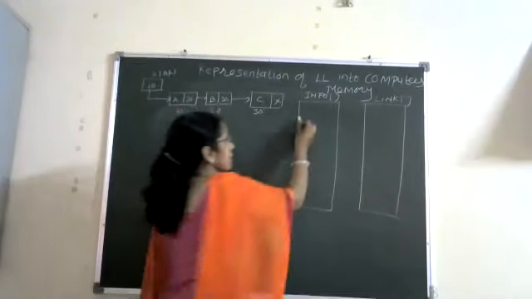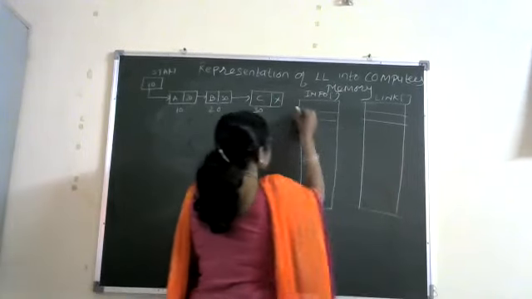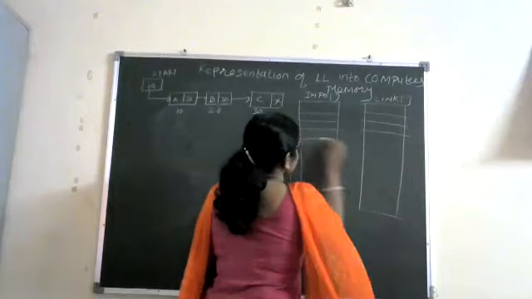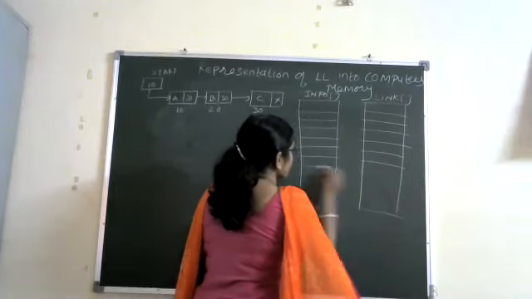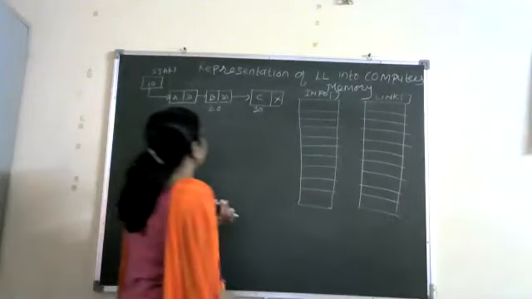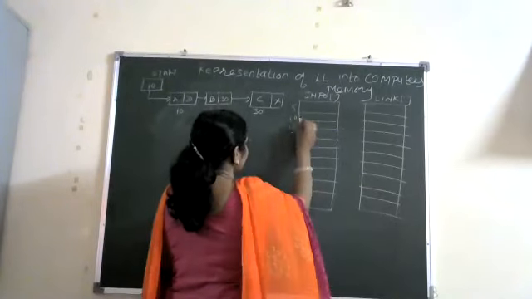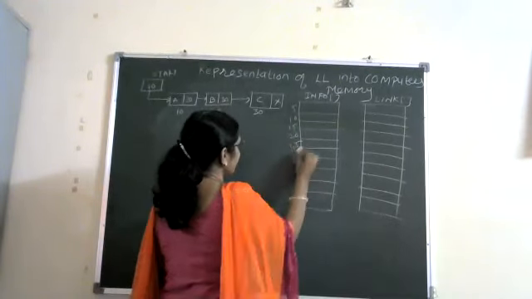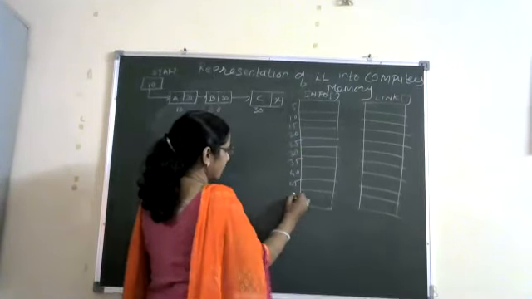Okay, so now you partition both the arrays. Like, you make the partition to the array and just give the addresses here. Suppose 5, then 10, 15, 20, 25, 30, 35, 40, 45, and 50.